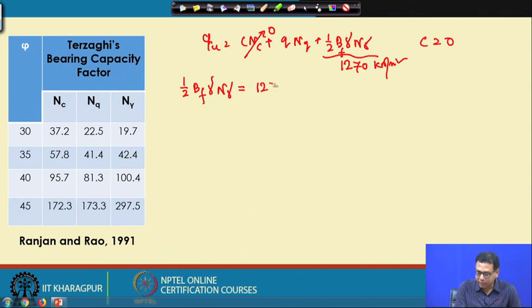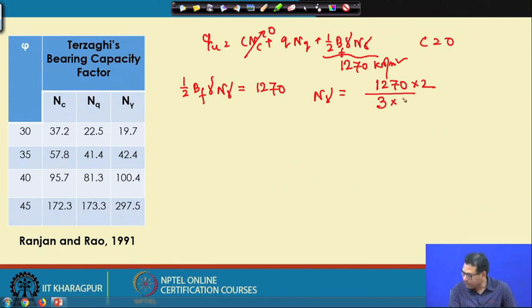Now, here that means half B of the foundation, gamma N gamma is equal to 1270. So, I can get the N gamma value from here, 1270 into 2 divided by BF, BF is 3, into gamma is 19. And this is a square footing. So, instead of half, we will use 0.4.